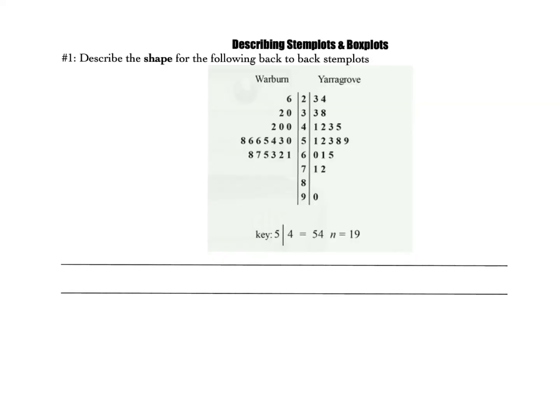All right. Describe the shape of this back-to-back stem and leaf plot. I just wanted to show you this because we were doing them the other day. So if I look at Yarra Grove and flip it this way, we can see what the shape is.